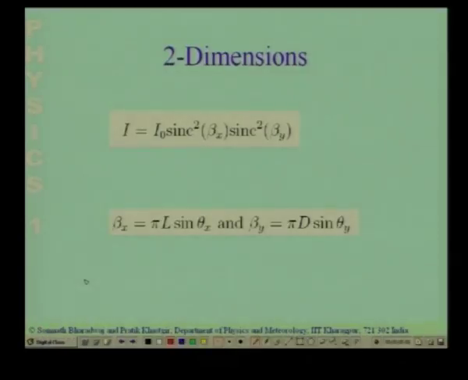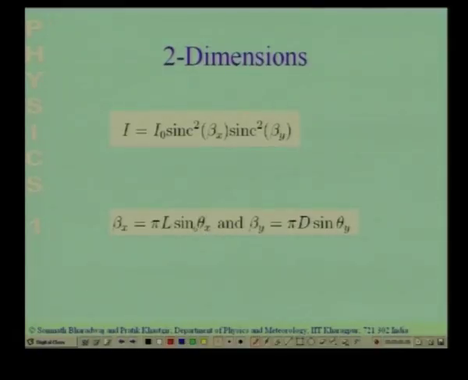So, in this case you have a more general formula for the intensity pattern. It is now given by I naught sinc square beta x into sinc square beta y, where beta x and beta y are defined as beta x being pi L sin theta x divided by lambda, where L is the length along the x axis, and theta x is the angle it makes to the x axis.